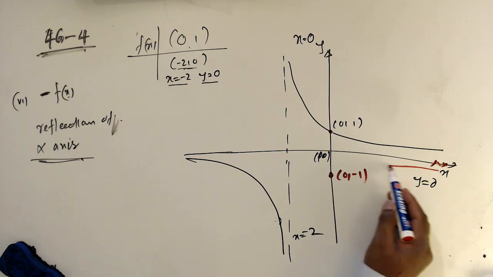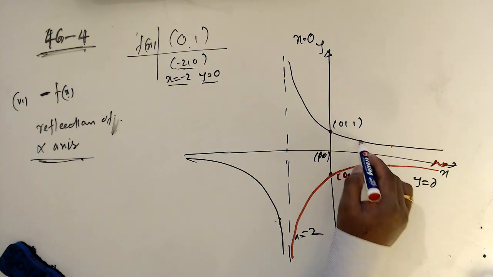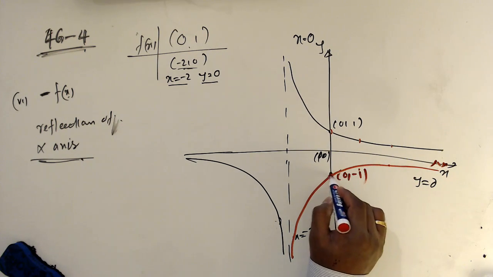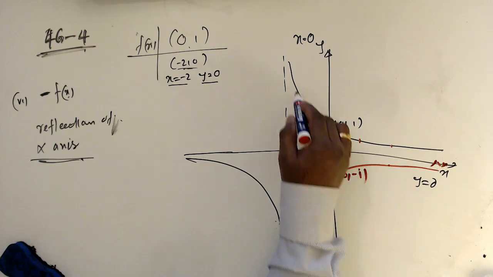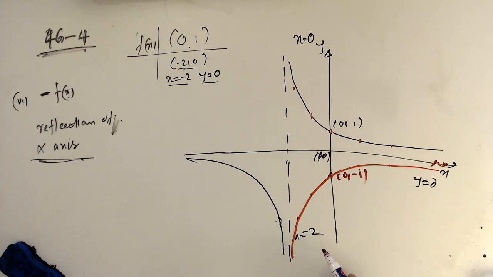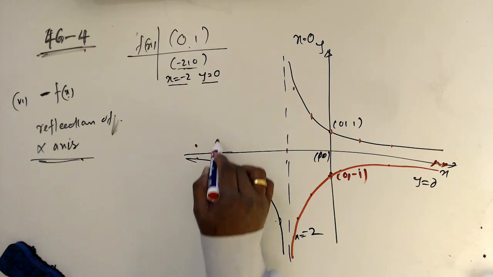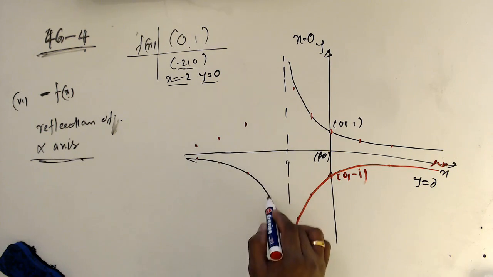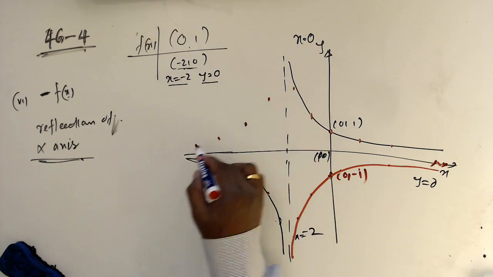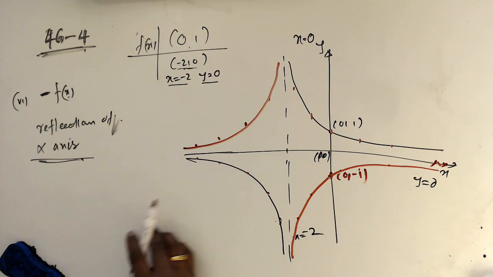And this point here, this point here, this point here, so along the x-axis, the mirror reflection. Now this point here, this point here, likewise. So this is the mirror reflection of this graph.